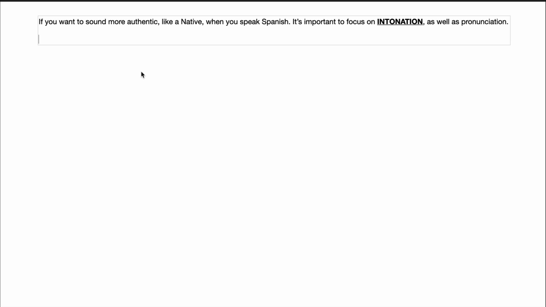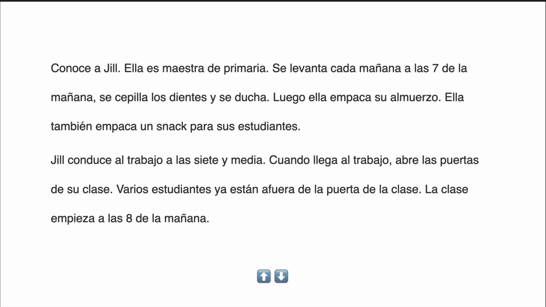We could say the argument here is that intonation is more important than pronunciation when it comes to sounding like a native Spanish speaker. All right, so let's listen to this first, and then we'll come back to this argument, okay?